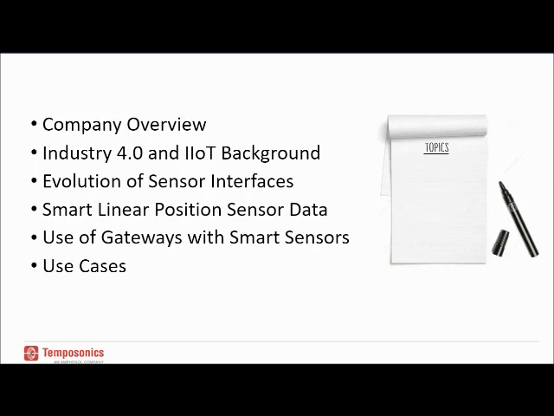We'll then transition over to Industry 4.0 and IIoT information, followed by information on how our smart sensors behave, and then how these smart sensors are used in conjunction with gateways, such as the one that we will discuss today. And lastly, we'll look at one or two use cases where our smart sensors and gateways work together to solve a problem.